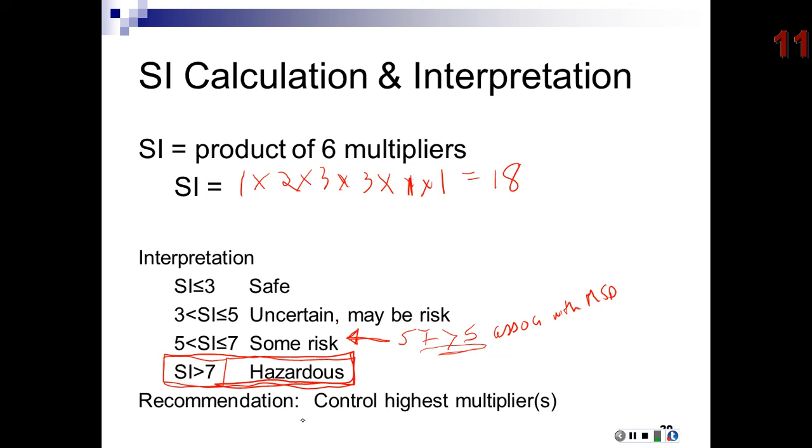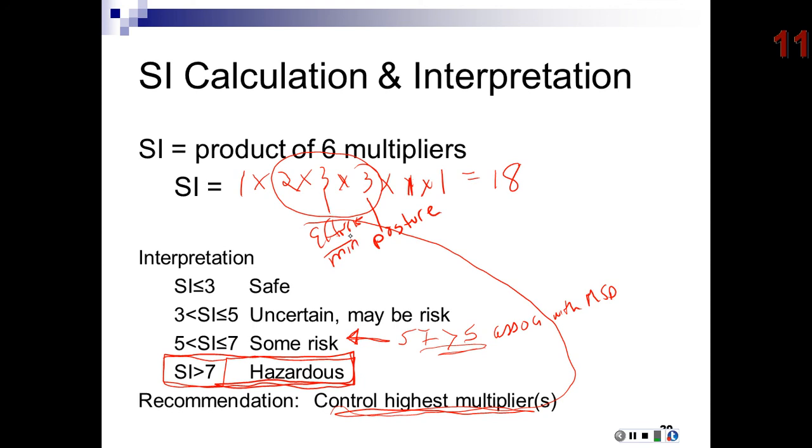For our recommendation, now that we know it's hazardous, we want to control the highest multipliers. We go back and look at our multipliers: 1, 2, 3, 3. So our 2s and 3s are our highest. Our first 3 is posture. We had extreme deviation, so we want to control posture, and this might be raising or lowering the table, raising or lowering the employee, maybe angling the employee. Our other 3 is efforts per minute, our repetition factor, at 50 chips per minute.